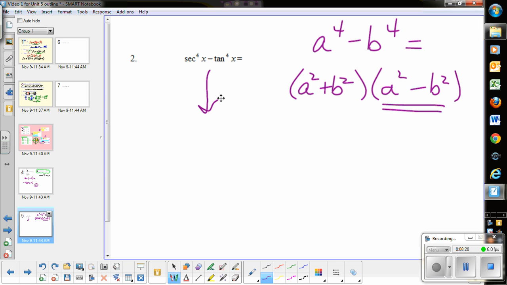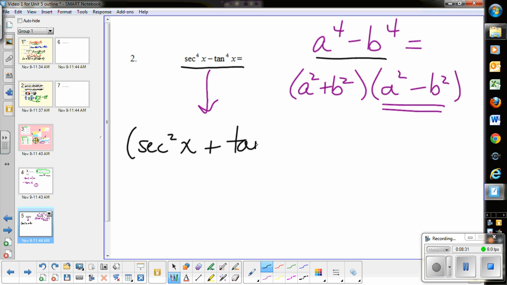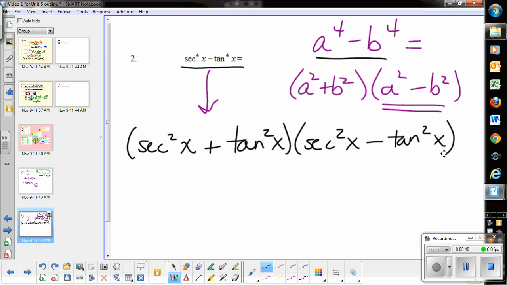Here, let's try using that idea, okay? This looks a lot like this. So I'm going to write secant squared plus tangent squared and secant squared minus tangent squared. Those are my 2 expressions.